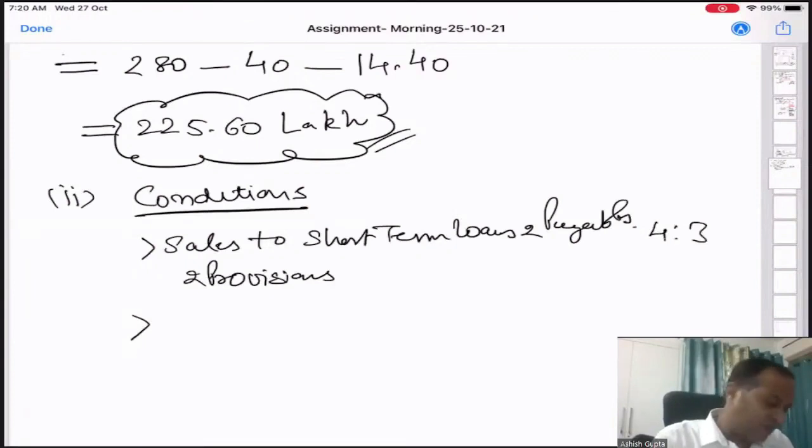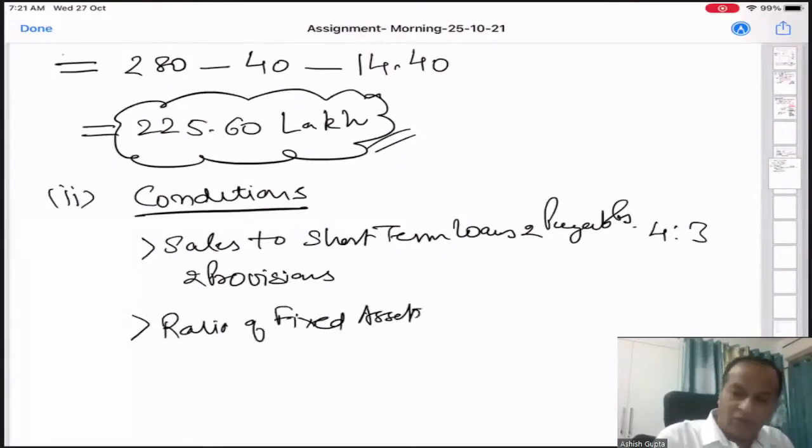Another condition, ratio of fixed assets to long-term loans is 1.5. This is given.